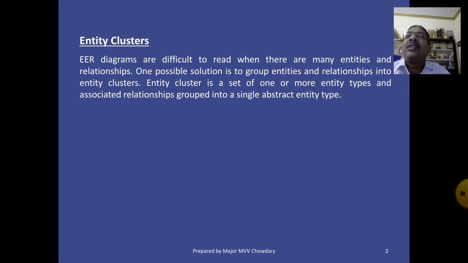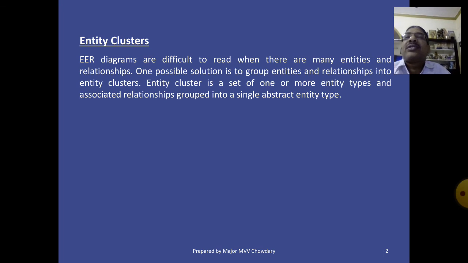type. EER diagrams are difficult to read when there are many entities and many relationships. So, in that case, it is very difficult to read these entities and relationships.